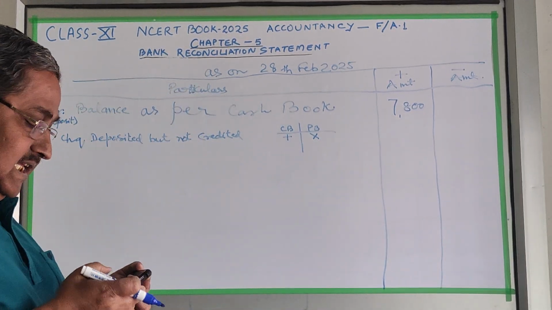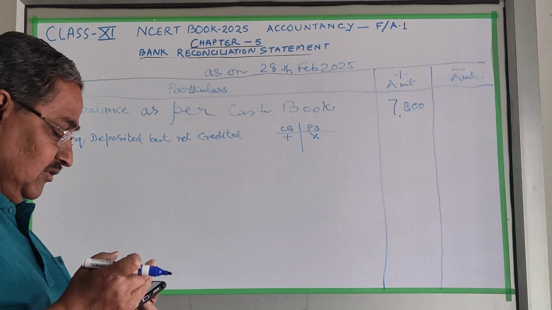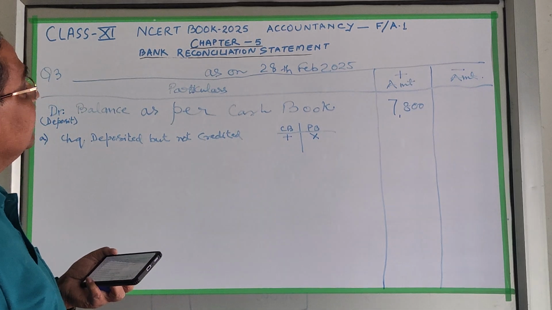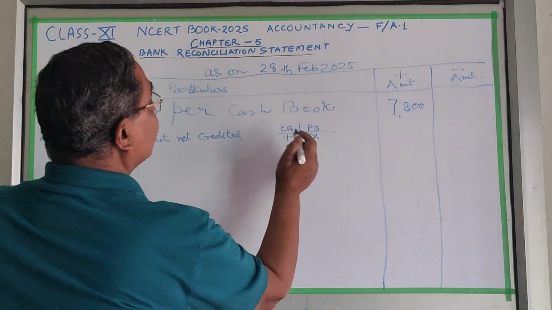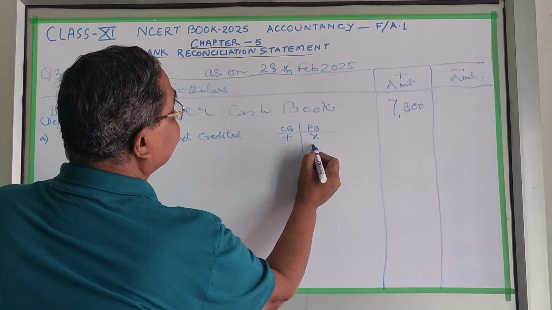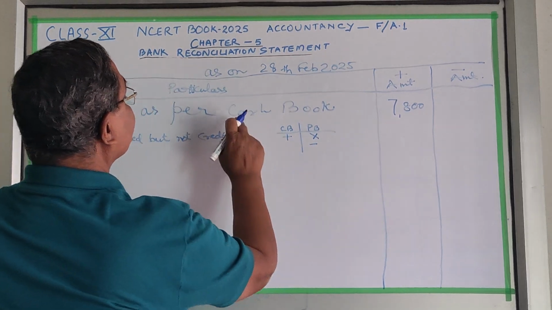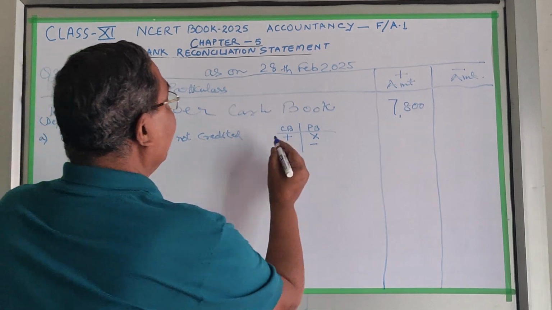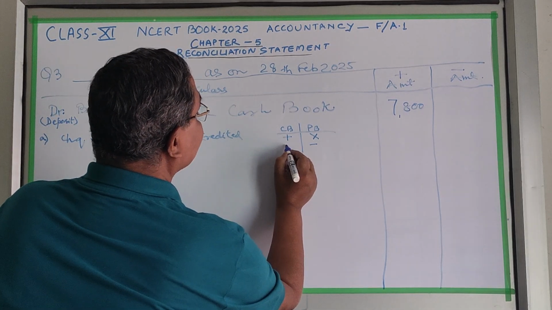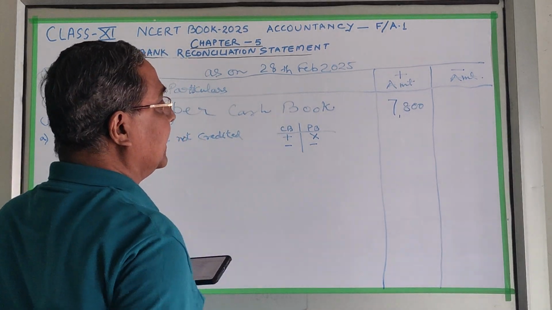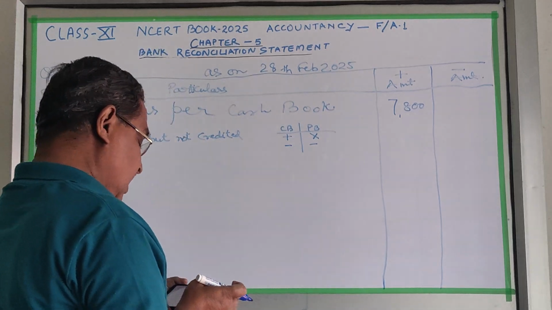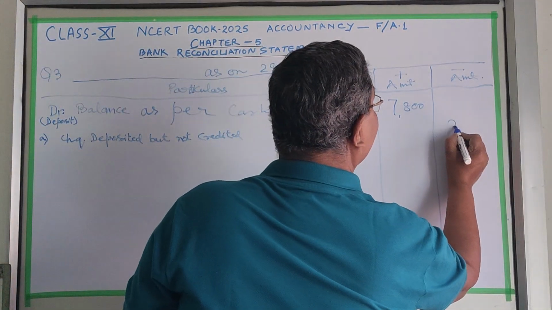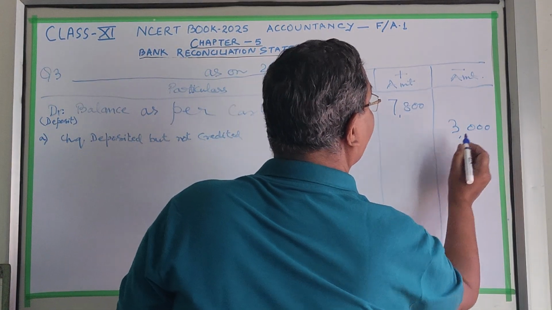So now we seek a rectification for it. In the passbook you cannot suggest any correction because we are doing the question as per the cash book. So what is the best idea in the cash book? If you do it again minus, our position will be the same. So it should go to the minus column and the amount will be written in this column.